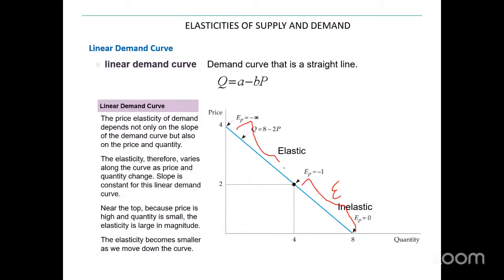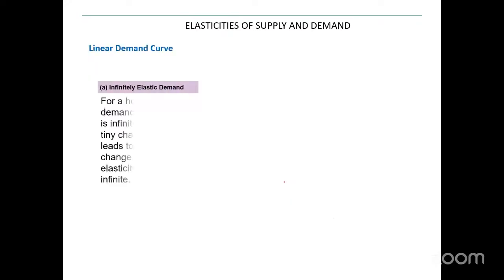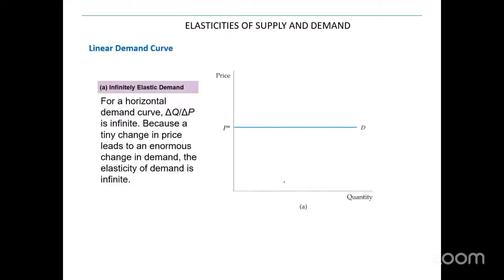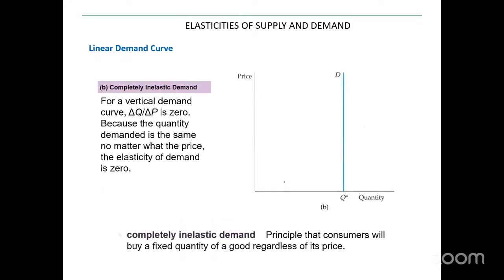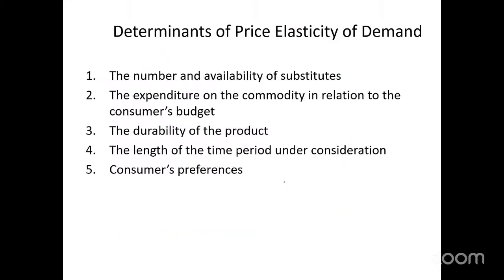Here, it is inelastic, greater than 1. And with a different slope, you can say the elasticity changes. This is a completely inelastic situation. And this, sorry, the previous one was elastic, and this one is a completely elastic situation.